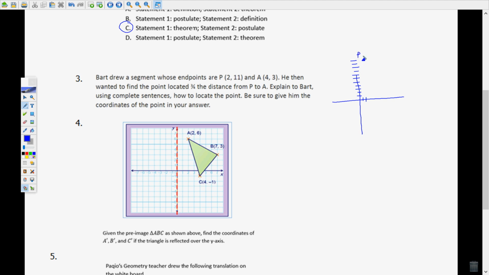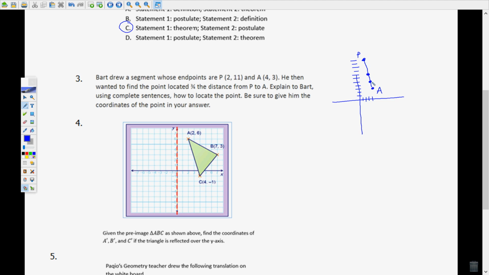It's P. And A at (4, 3). And you're looking for the point that is 3/4 of the distance from P to A. If you find the midpoint by using the midpoint formula, that's 1/2 of the distance. Then if you find the midpoint from that midpoint to A, that will be another 1/2 of a 1/2, which is a 1/4. So if you've already gone 1/2, that's 2/4, plus one more 1/4 would be 3/4.